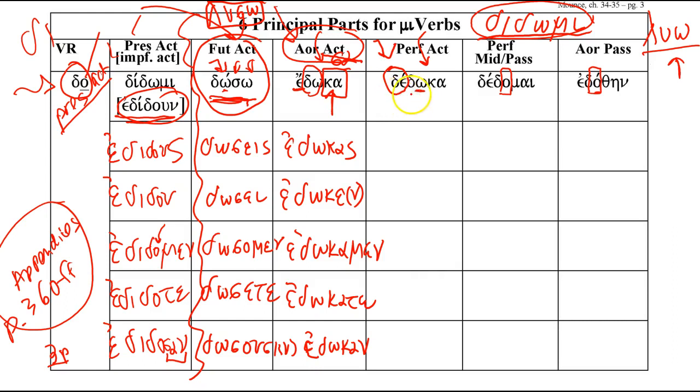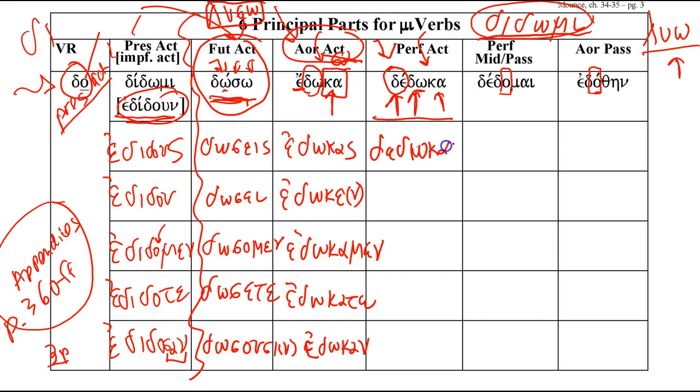What about the perfect tense? What does the principal part tell us? It tells us also that the short vowel for the verbal root goes long, has a regular reduplication, and then it has the same ka, kas, ke, kamen, kate, kan, or kasin for the perfect suffixes. So if I were to write this out, dedoka is I have given.